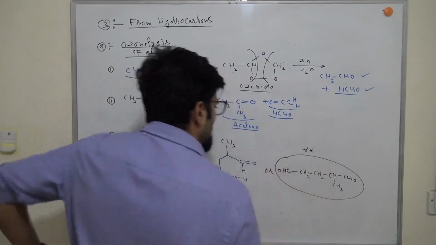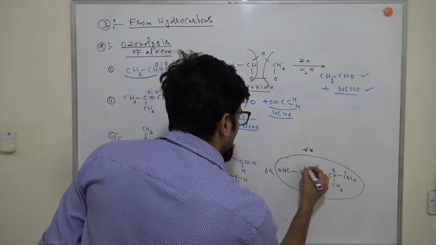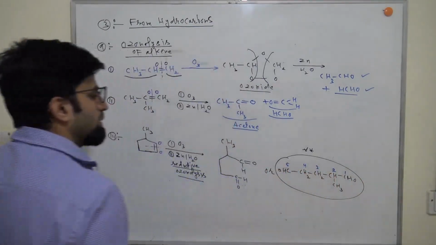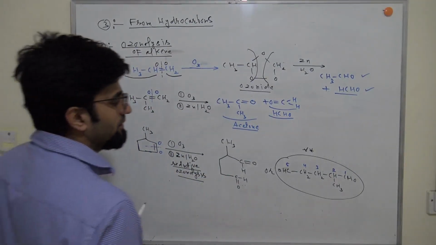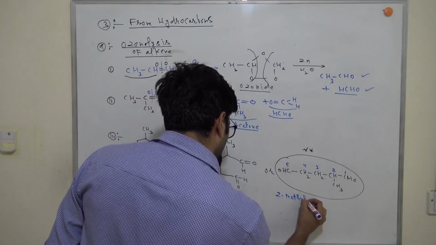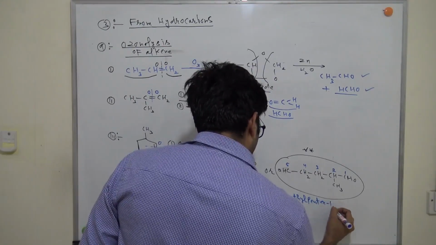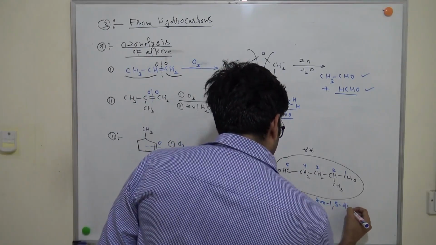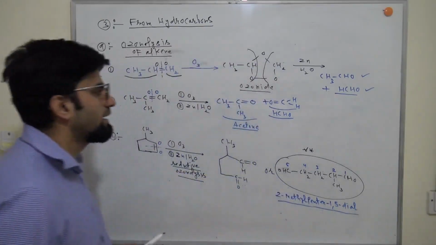This is the answer. And if someone asks you to name it, what will be the name? 1, 2, 3, 4 and 5. 2-methyl pentane-1,5-dial. So the name will be 2-methylpentane-1,5-dial.